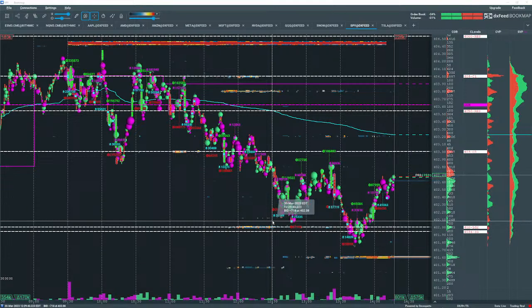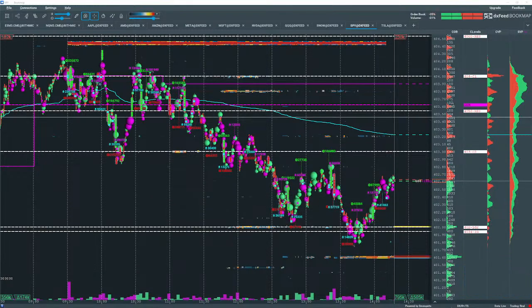All right, Sheena asked, do you put the gamma levels on your chart manually? And it's, I guess, semi-manual. What I do is I have an add-on that's available in the Bookmap marketplace called Price Lines, and I use that.